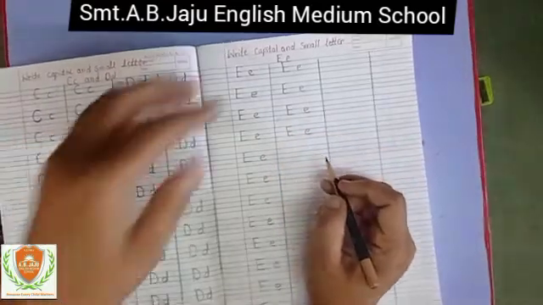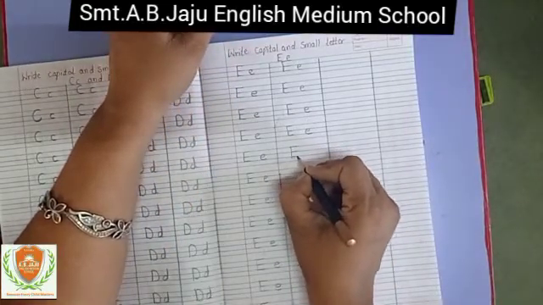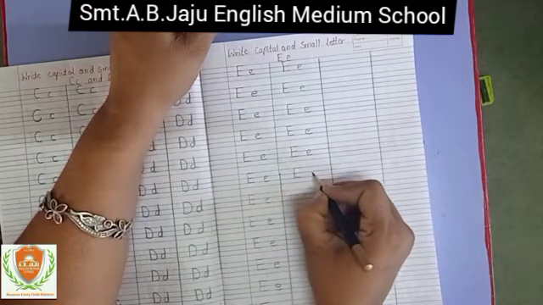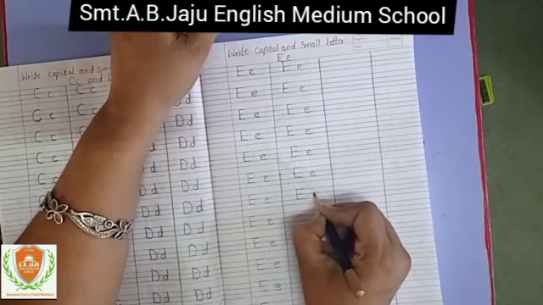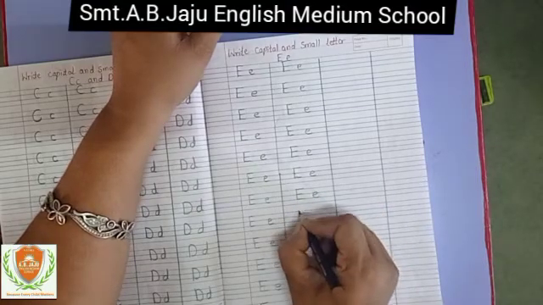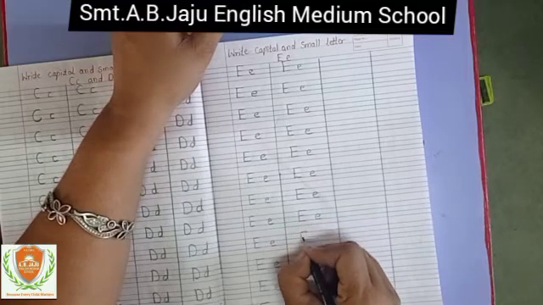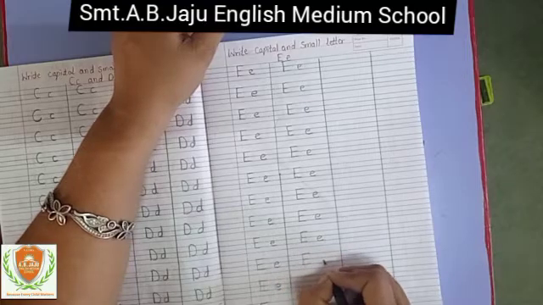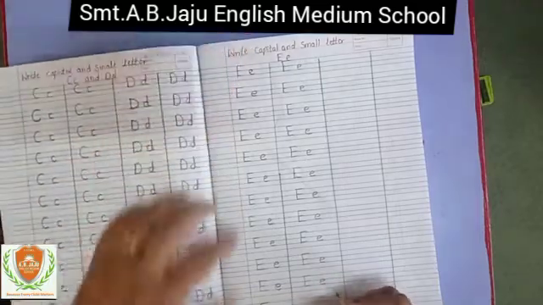Okay, this is capital E and small e. Capital E, small e, capital E, small e. E a elephant, E a eagle, E a engine, E a egg.